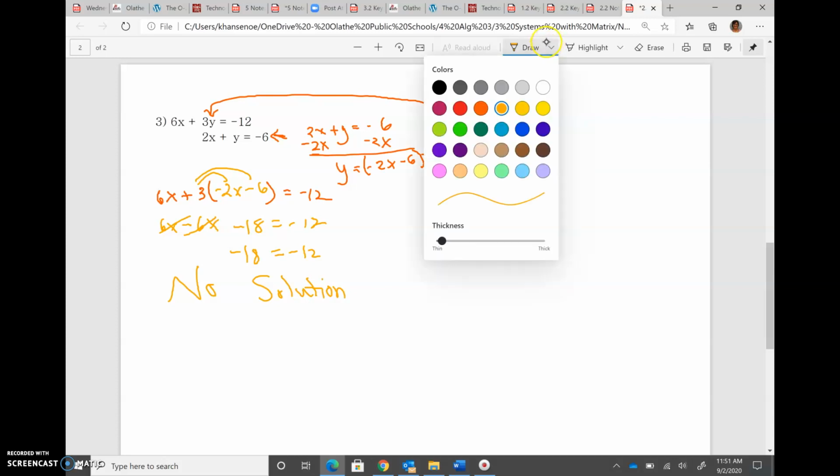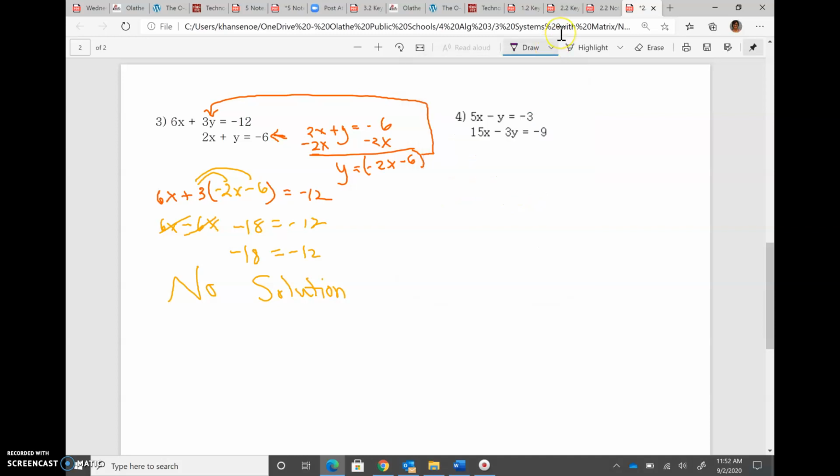All right, so then let's do the last one real quick here. So once again, I'm picking that y right there. So I have 5x minus y equals negative 3. Subtract the 5x, subtract 5x. Those cancel.